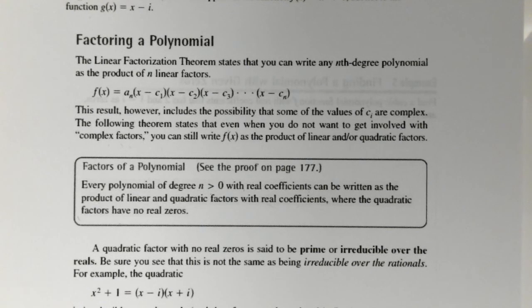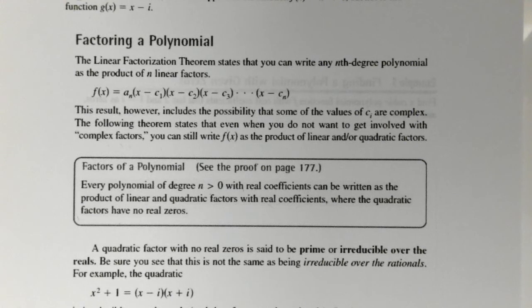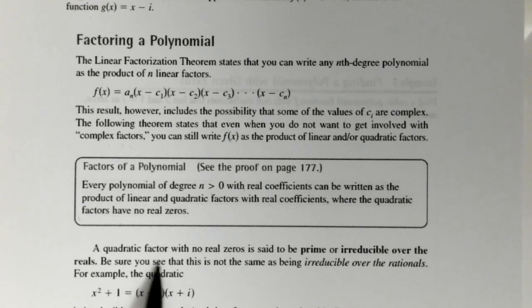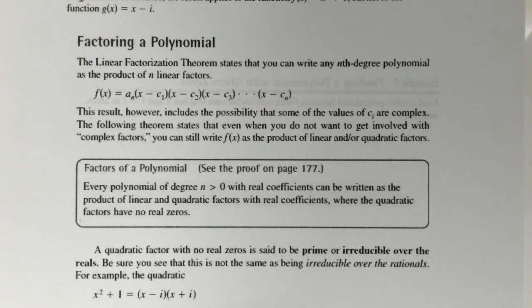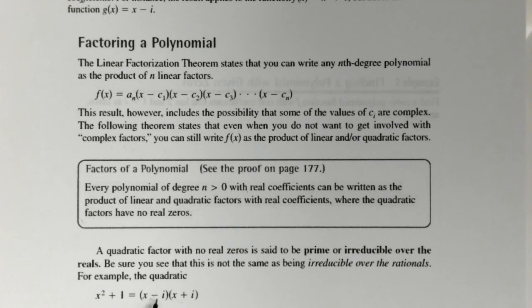All right, and so let me see here. So again, a quadratic factor with no real zeros is said to be prime, right, or irreducible over the reals. And so a couple examples here of each one. So this one is irreducible over the reals because it can only be factored into a product of complex numbers.